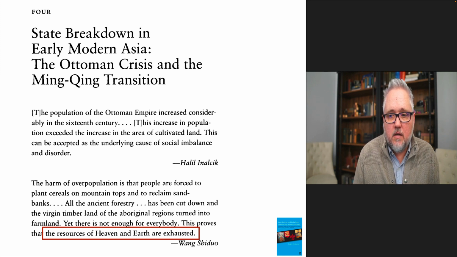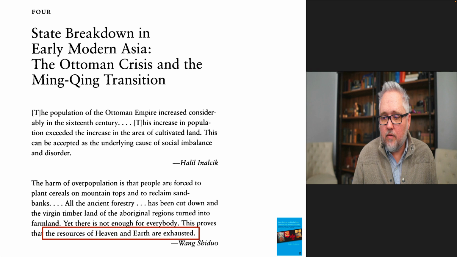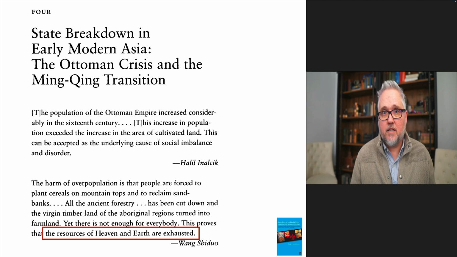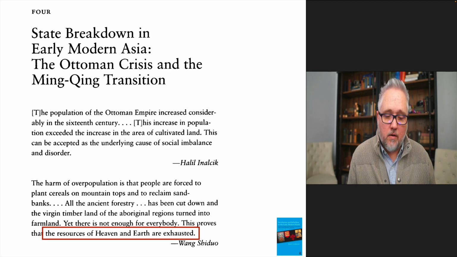And in the Ottoman and the Ming-Qing transition, talking about how the resources of heaven and earth have been exhausted, which connects to the Malthusian argument, right? That in the Ottoman Empire, in these empires in what is now China, in England and in France, similar population pressures led to conflict.